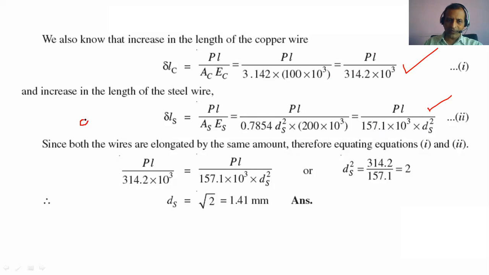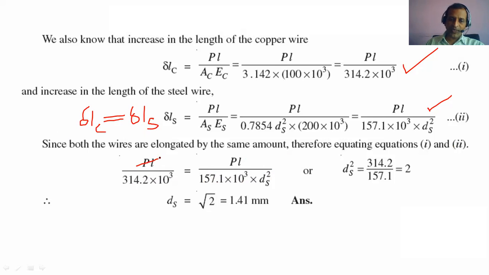He has given this in the problem, because both are elongated by the same amount. Therefore, equating equations 1 and 2, PL by 314.2 into 10 to the power of 3 is equal to PL divided by 157.1 into 10 to the power of 3 into ds square.